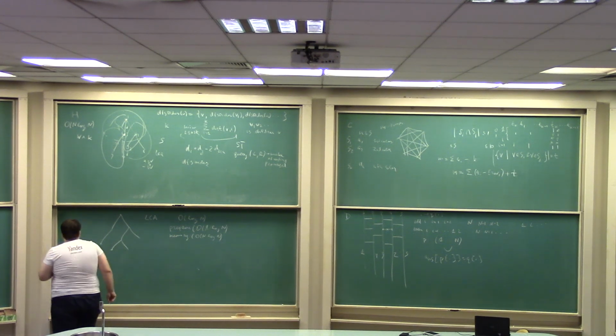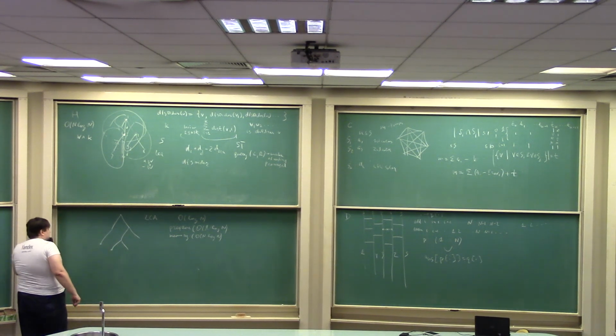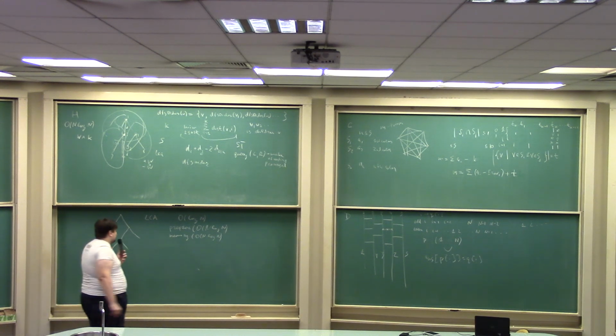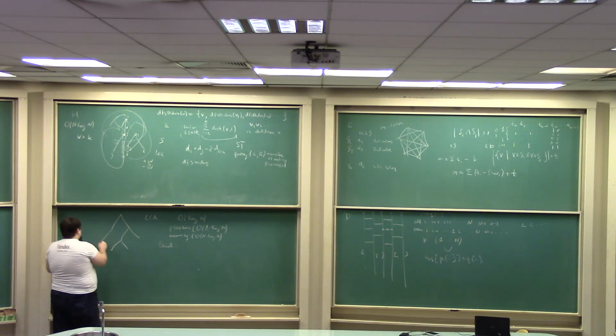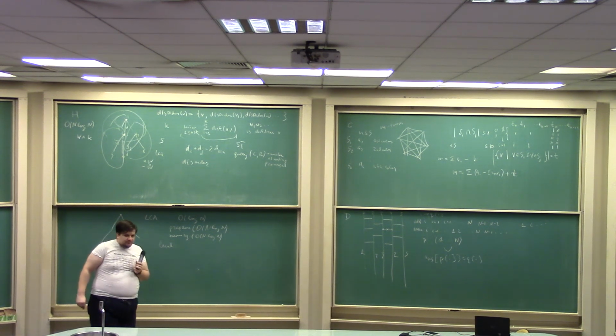So for each vertex in the tree, we will store the following values. First, we will store the level of such a vertex, namely the distance from this vertex to the root.